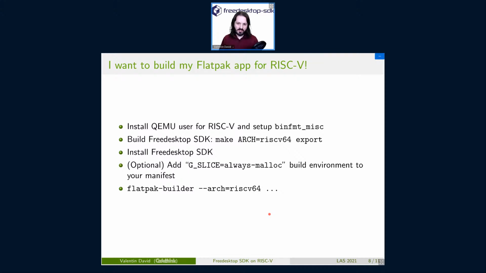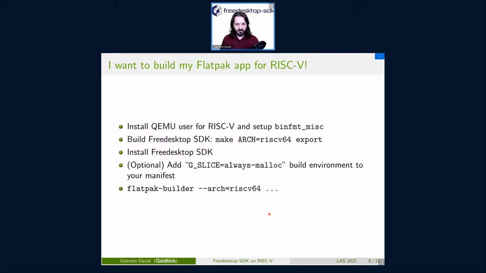The first thing you will need is to have QEMU user on your machine for RISC-V, and you will need to set up binfmt_misc so you can run QEMU directly when you call any binary that is for RISC-V. The second thing is that you will have to build the Freedesktop SDK. For the moment, the Freedesktop SDK runtimes for RISC-V are not published yet, so you will have to build it on your own.